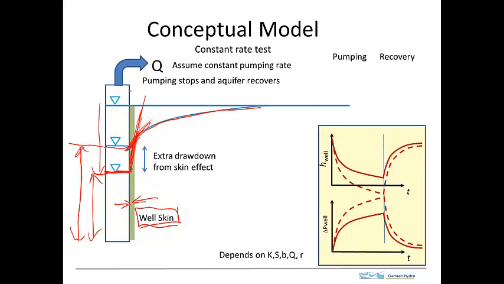What it means is that when we're measuring the water levels in the well, they're going to respond to the properties of the formation, K and b and S. But they'll also respond to the properties right around the well, this well skin. And so we might have this additional drawdown that occurs as a result.